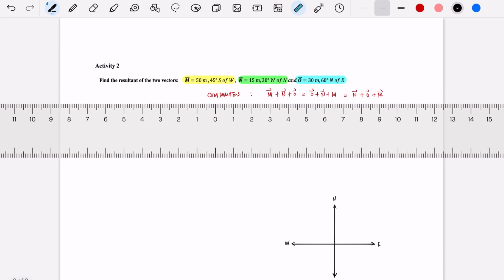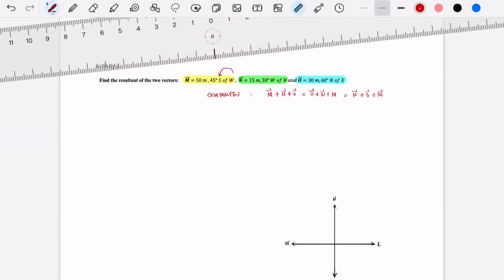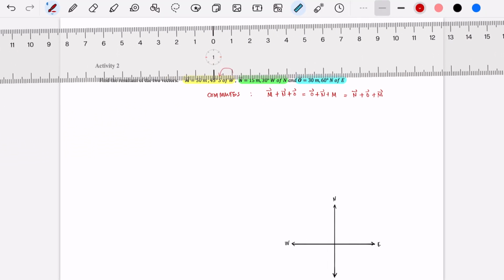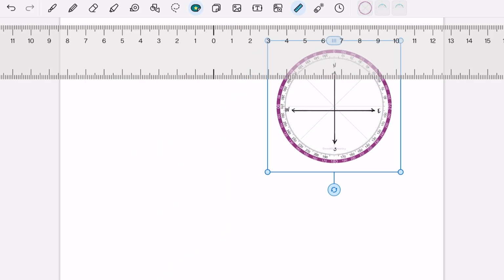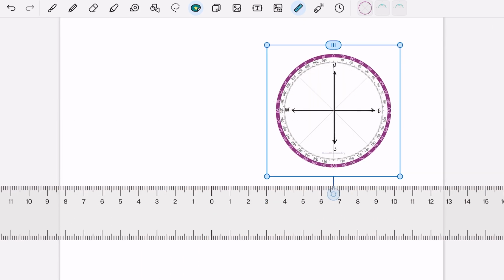Okay, now let's start with the first vector. First vector is vector M. It's 45 degrees south of west, so that means we set our 0 degrees from west going south. So we call in our old protractor here, and then let me just move this downward.